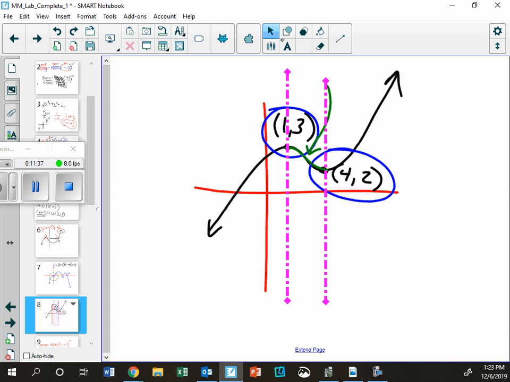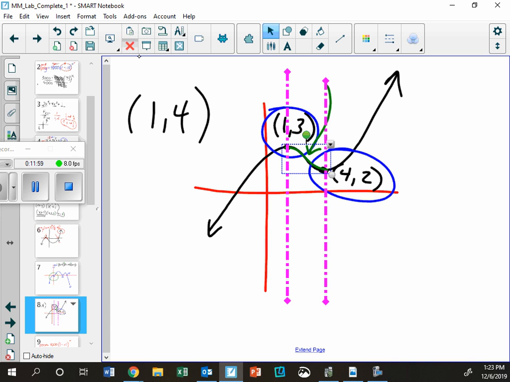Did anybody write from 1 to 4 with parentheses? That was the right answer. It's been like a week and a half since we did it, but that's called an increasing or decreasing interval. And notice I used the x numbers from the points. I used the x's. And now how about this? I'm going to move the green zone.